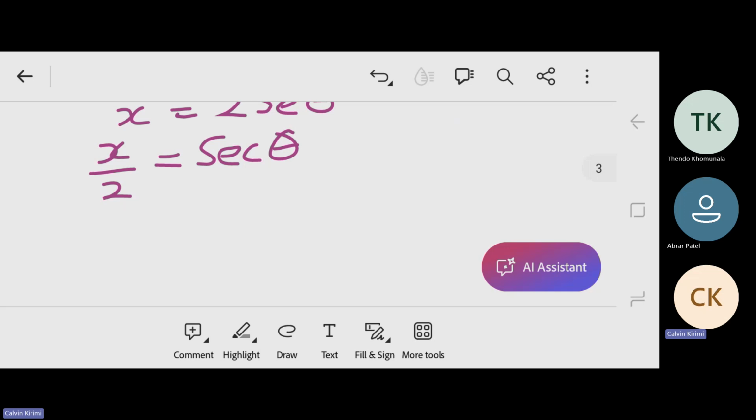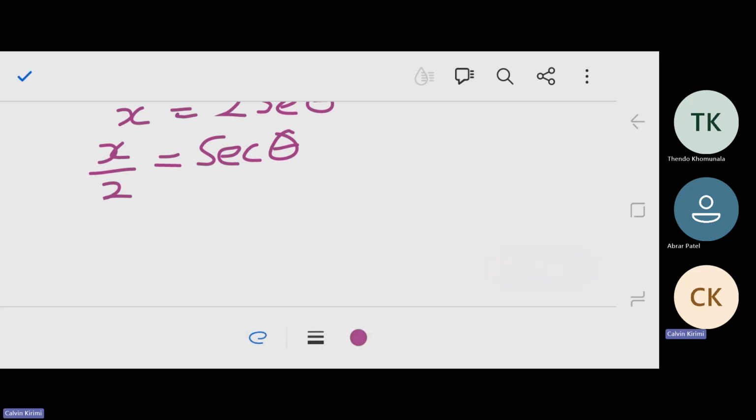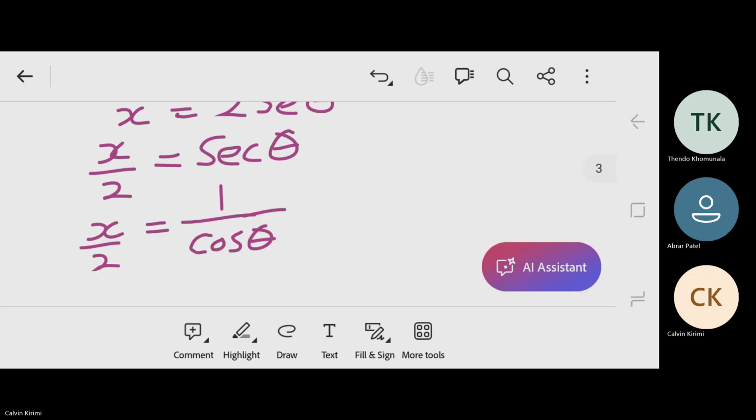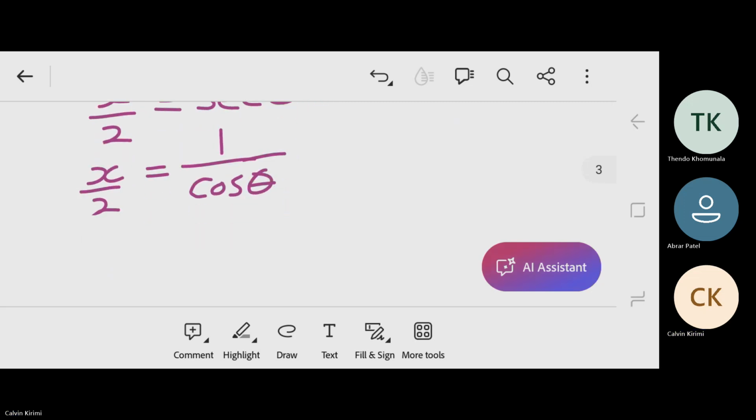What does that mean? It means x over 2 equals 1 over cos theta. Secant means 1 over cos. So what is cos theta in other words, in a triangle?